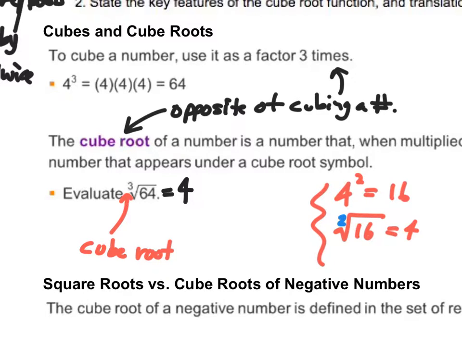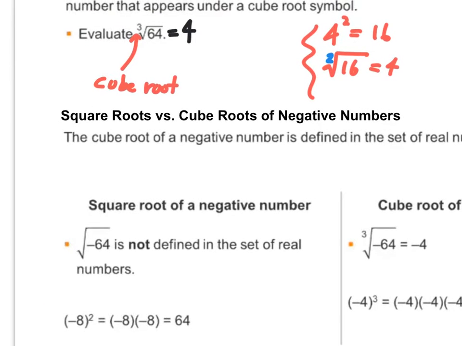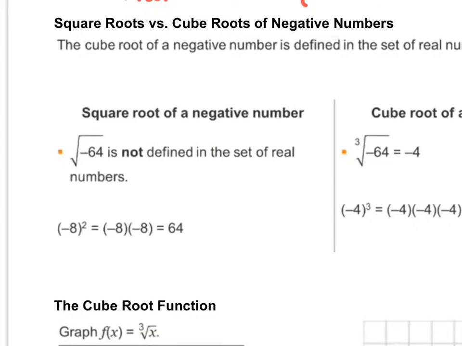All right, so now let's talk about square roots versus cube roots of negative numbers. When we have the square root of a negative number, that's something that you can't do.